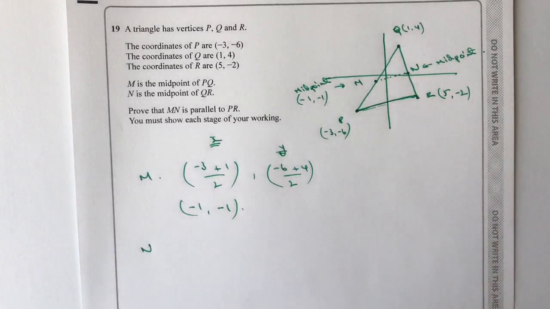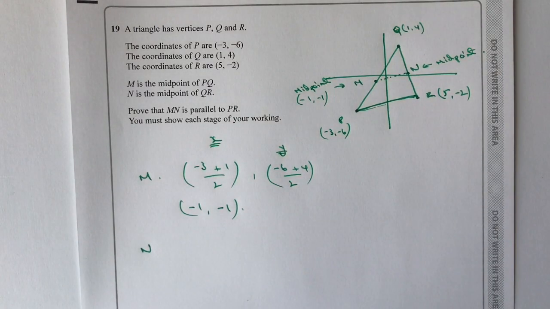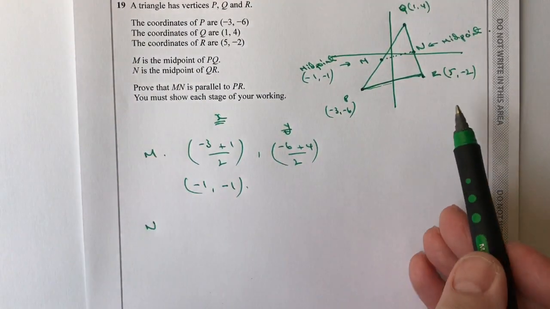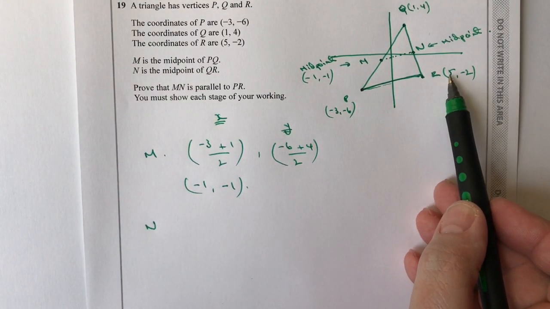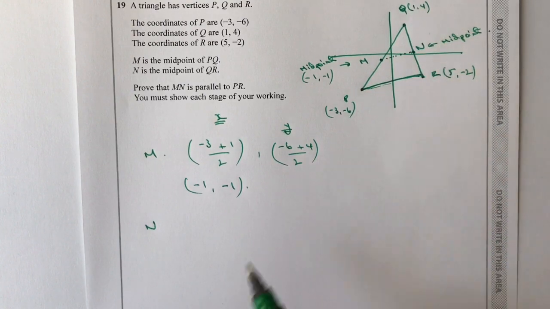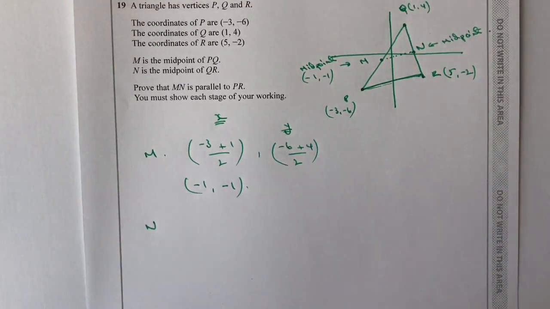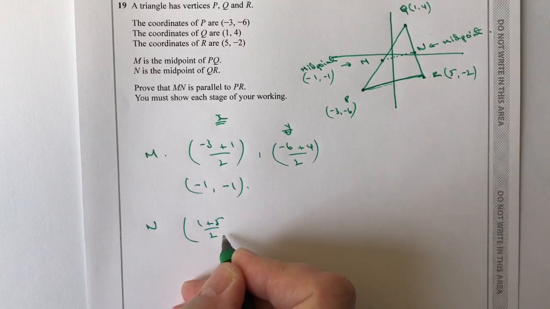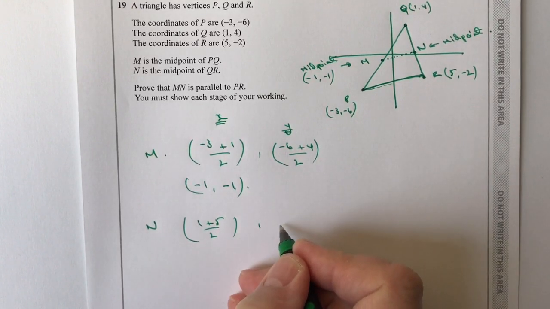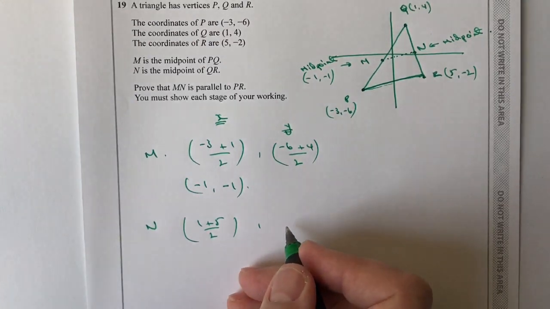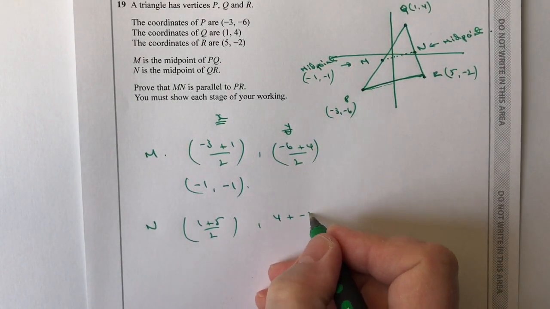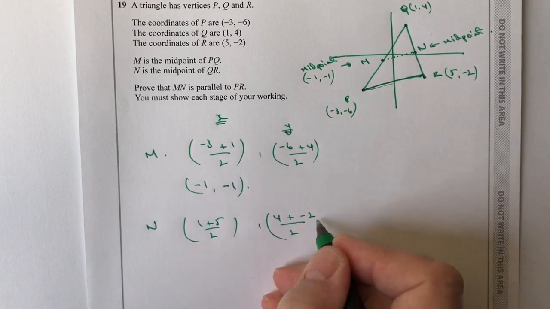I'm going to do exactly the same exercise, where the N value is going to be the sum of the x coordinates, 1 plus 5, divided by 2. So N is 1 plus 5 over 2. And then the y value is 4 plus -2, all divided by 2.